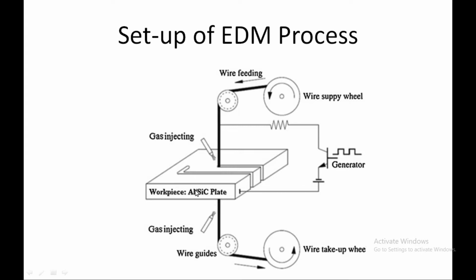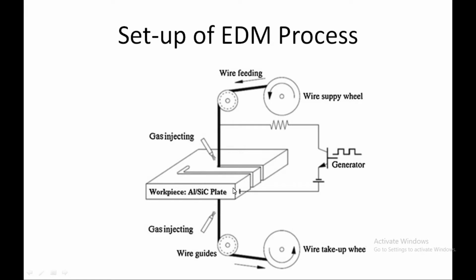One more important thing in the EDM process and wire EDM process is the workpiece material, which must have an important property: it should be a good conductor of electricity. That characteristic of the workpiece material is very important, and only then can we use the EDM and wire EDM process efficiently.